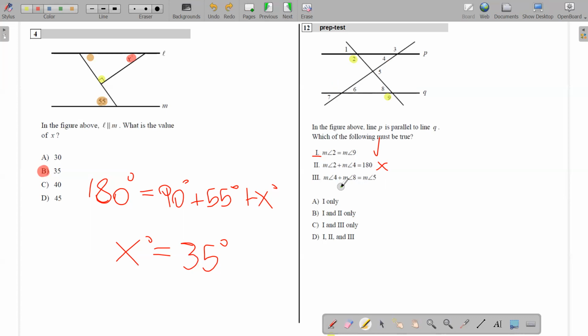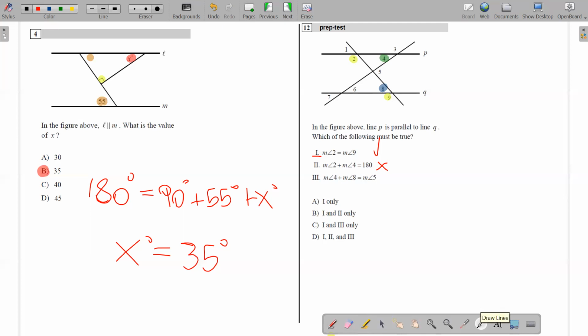Now the most interesting statement is statement number 3. Statement number 3 says that summing angle 4 plus angle 8, we would get angle 5. This statement is true, and I want to show you why.